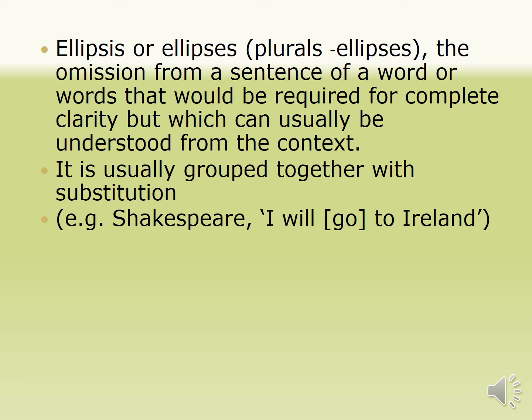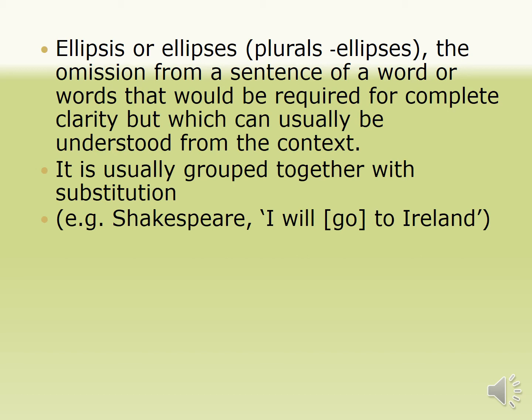It is the omission from a sentence of a word or words that would be required in order to complete the meaning, or to complete the statement of that context, the text that is being interpreted. Ellipsis is the omission of words or phrases within a context.